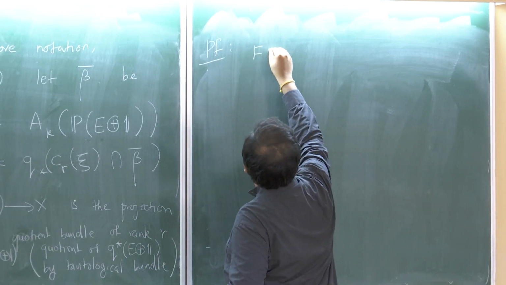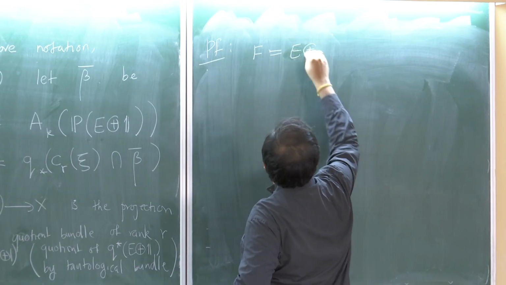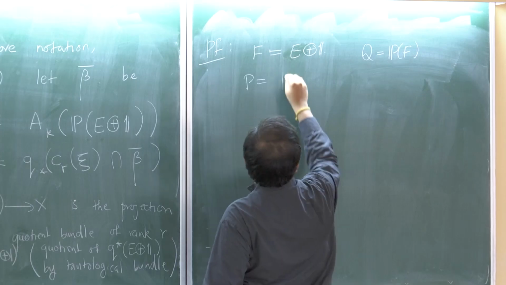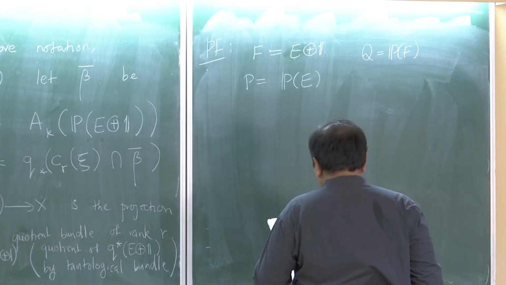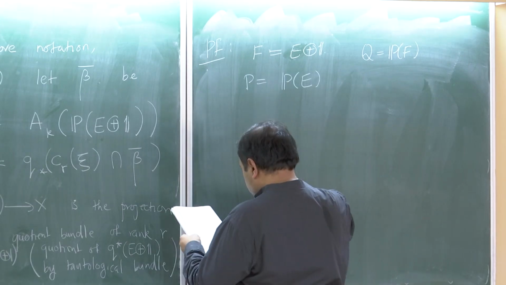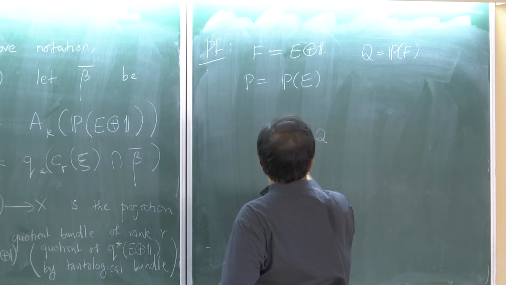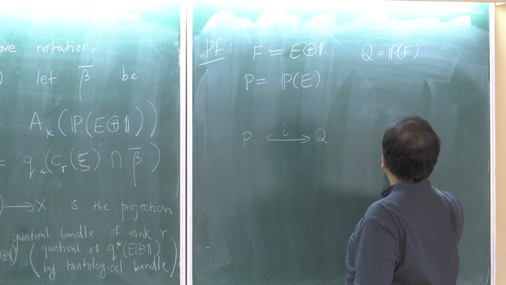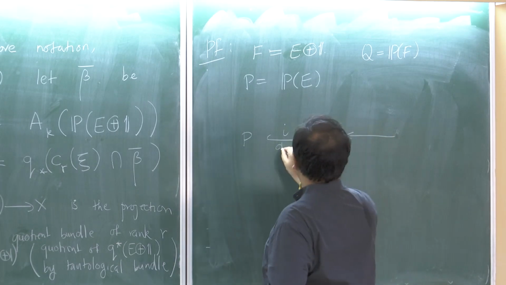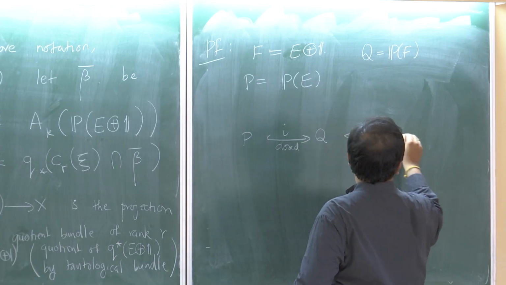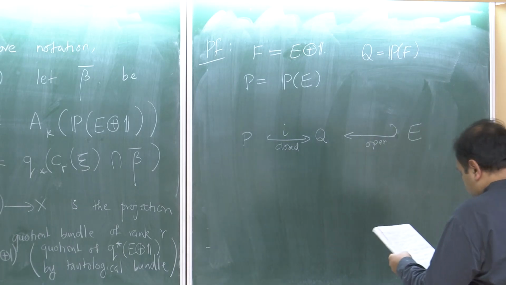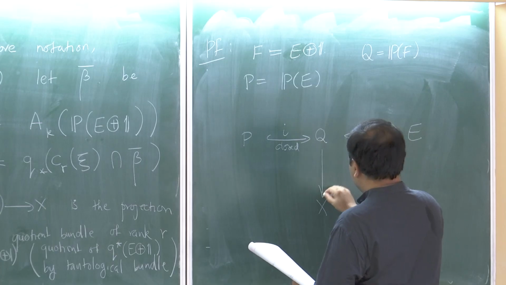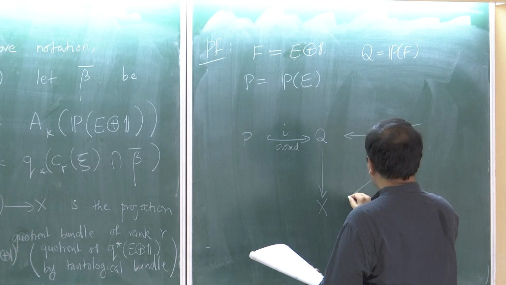So let me write F to be E plus 1, Q is equal to P of F, P is equal to P of E. So you have Q, you have the inclusion of P in here, which is I, and so this is a closed immersion, and the complement is open, this is E. And you have got X over here, and you have this map.